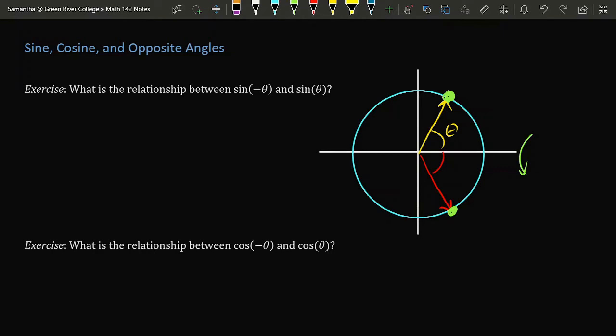Because they're exact opposites vertically, the two y-coordinates are going to be exact opposites as well. The y-coordinates of the points corresponding to theta and minus theta are exact opposites.